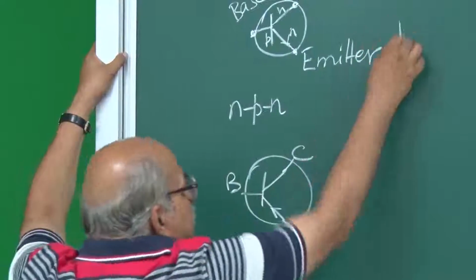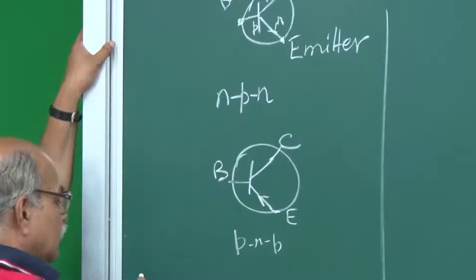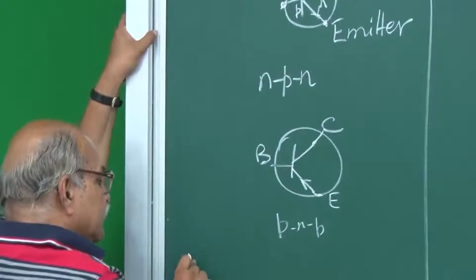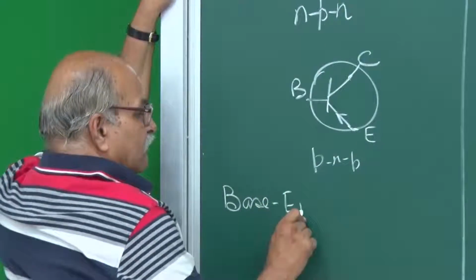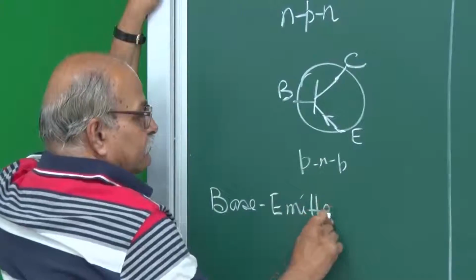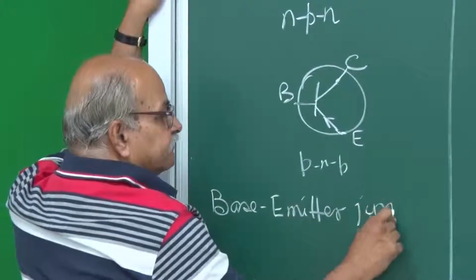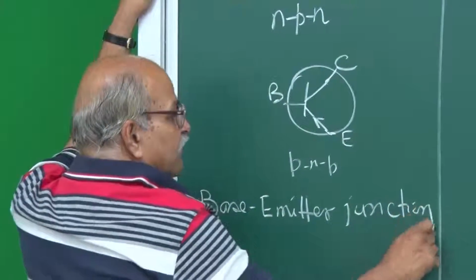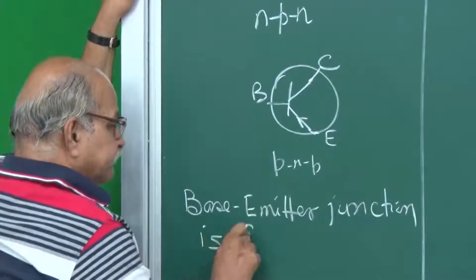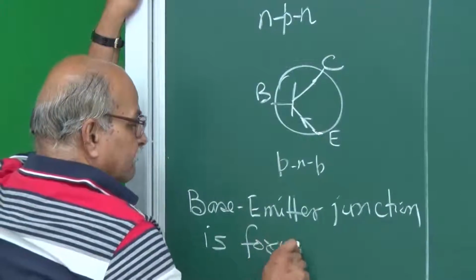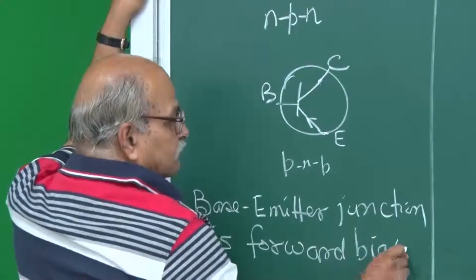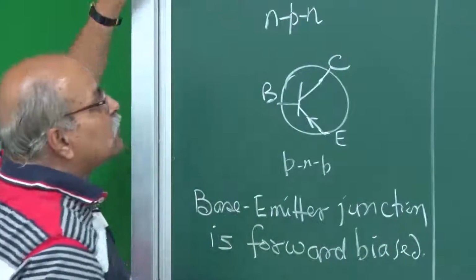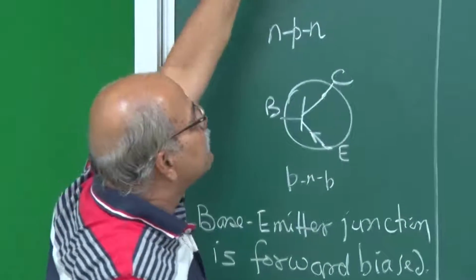So, the guiding principle was, in the normal operations, this base emitter junction is forward biased. That is the guiding principle. And now, let me also add what happens at this base collector junction.